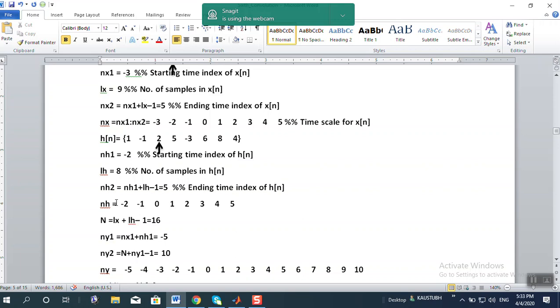So therefore nh, the time scale for h of n, is nh1 to nh2. So this is the time scale for your x of n and h of n.